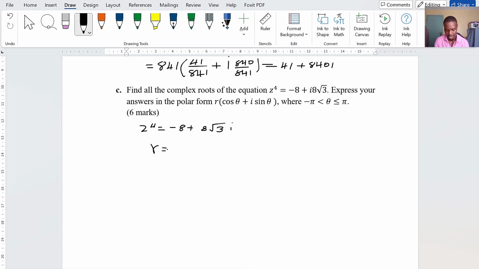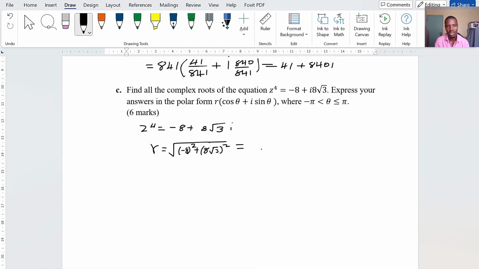So r first, we are going to find r by doing the square root of x squared, which is negative 8 squared, plus y squared, which is 8 root 3 squared.